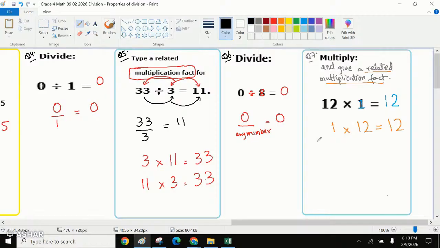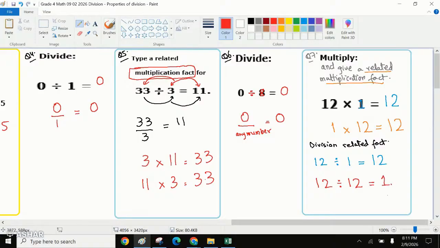So, what about the division related fact? If we want to do the division related fact also for the same question, can we say 12 divided by 1 would be equal to 12? Or can we say 12 divided by 12 should be equal to 1?